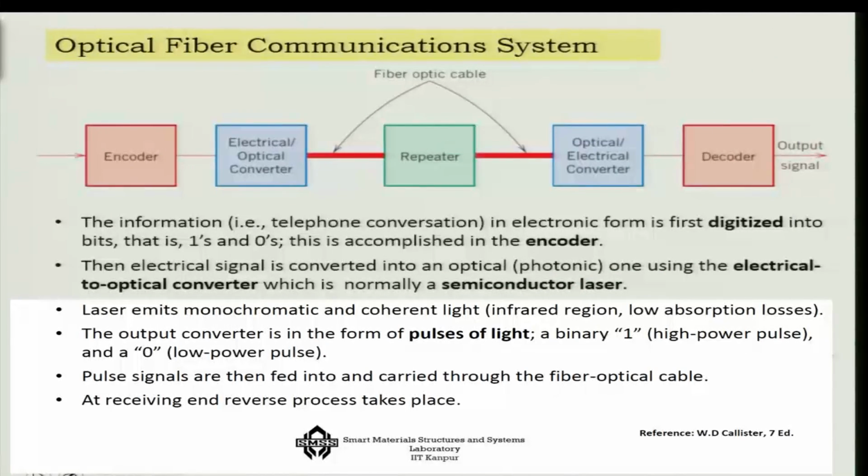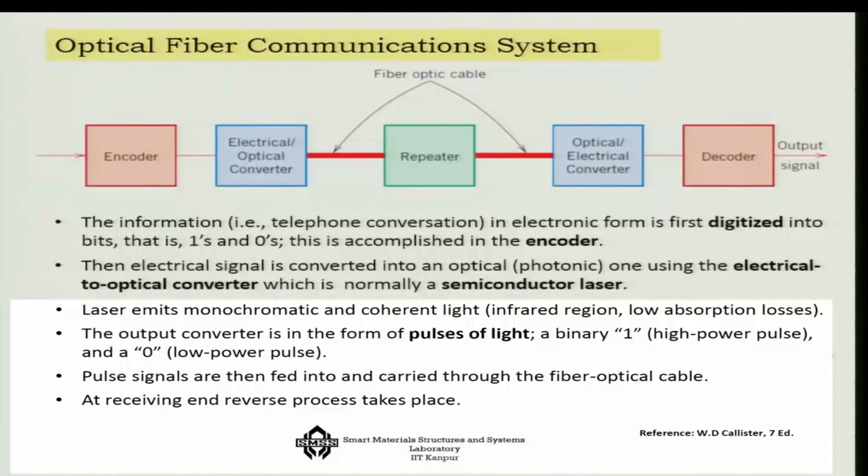Now, how does communication take place in an optical fiber based system? First of all, we have to keep in mind that optical fiber has to carry the signal in the form of light, and if you need a 1-0 type of encoding system, then it has to be in the form of pulses of light.